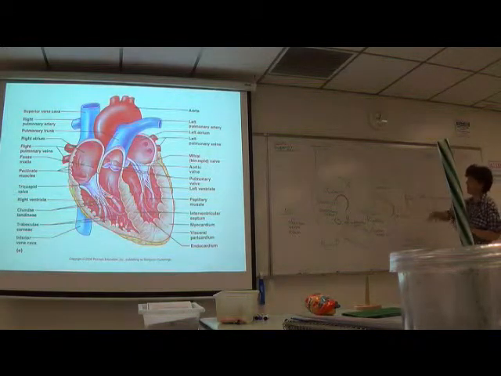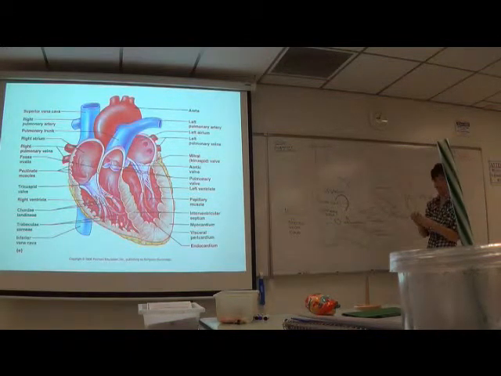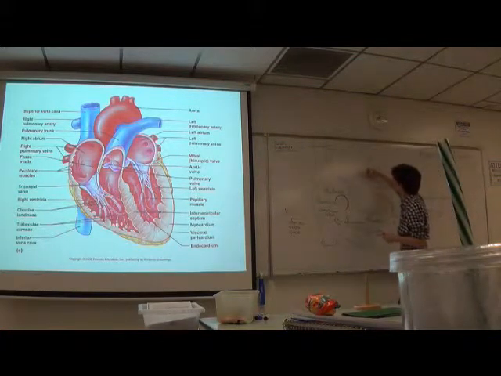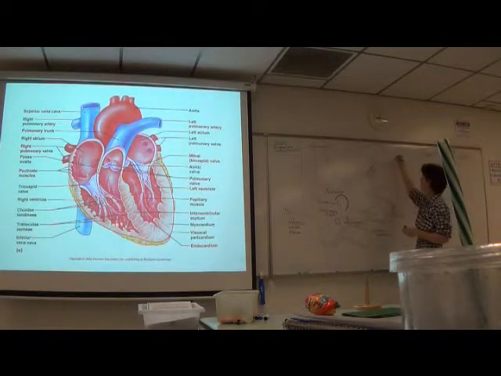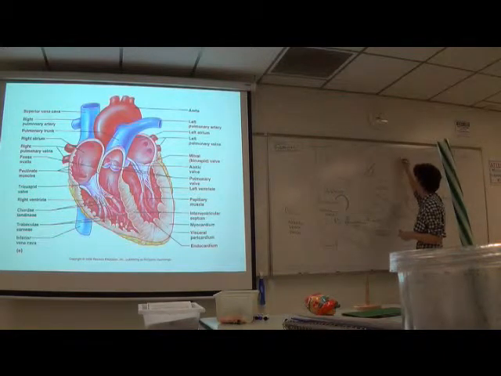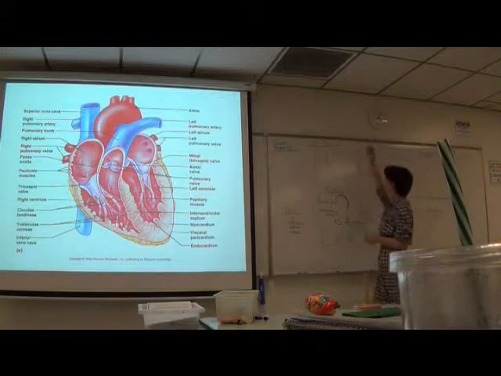The vessel that leaves the right ventricle is known as the pulmonary trunk. Pulmonary referring to lung. And it divides and forms a left pulmonary artery and a right pulmonary artery.